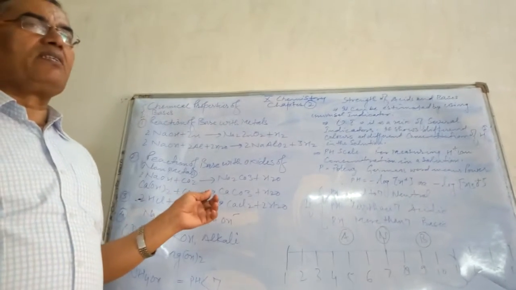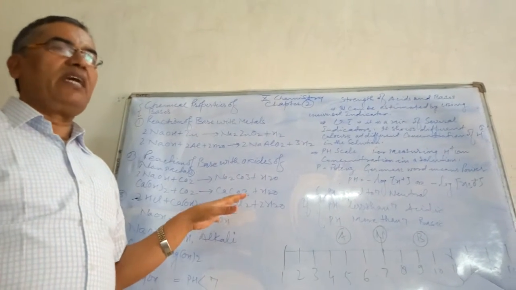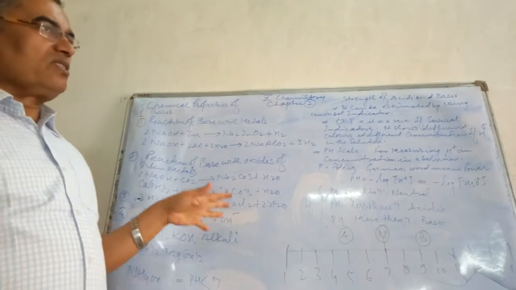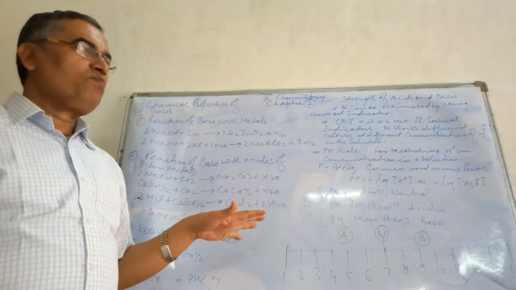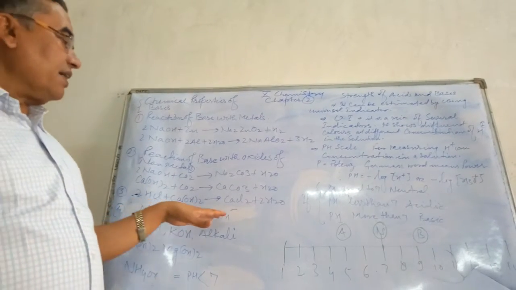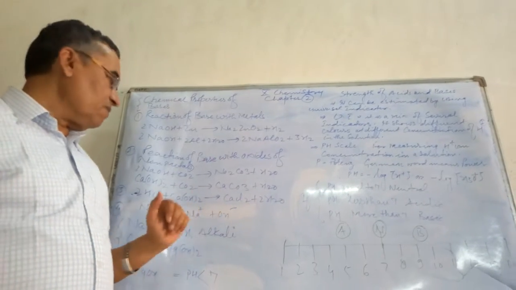And what happens in the case of acids? Acids provide hydrogen ions. Means when an acid is dissolved in water, it dissociates hydrogen ions in water. Likewise, bases release hydroxyl ions when they dissolve in water.